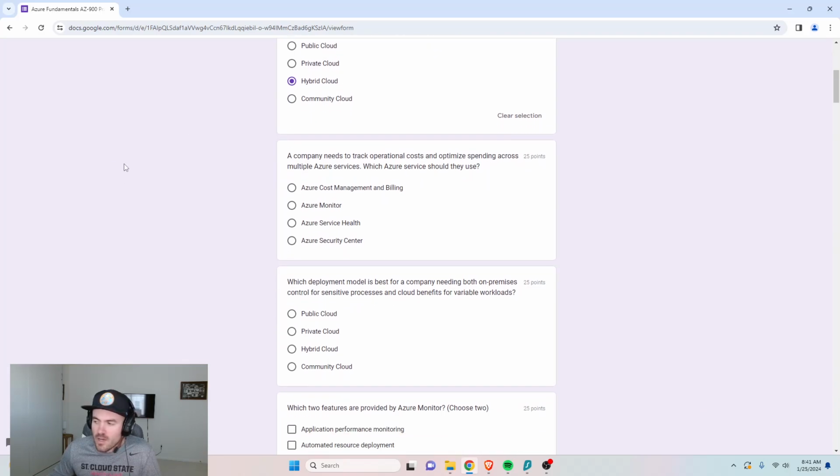All right. A company needs to track operational costs and optimize spending across multiple Azure services. Which Azure service should they use? They need to track costs and optimize spending. Right away, those are the keywords there. So we can rule out Security Center.